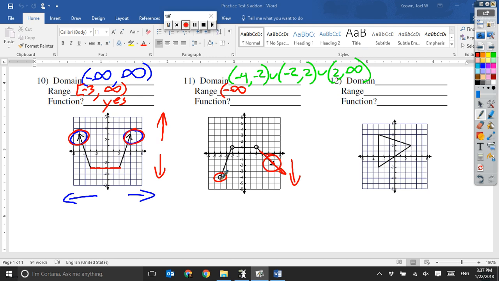Even though this part on the left stops at -4, that arrow means it goes down to -infinity. Going up, I see it stops here. And while there are open points here and here, it's not in the middle. So at this line, it does actually touch at that y value. So we'll say comma 1 bracket. And then lastly, is it a function? Yes. If I draw vertical lines, none of them will touch more than once.